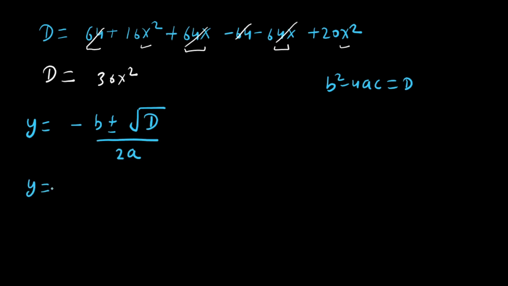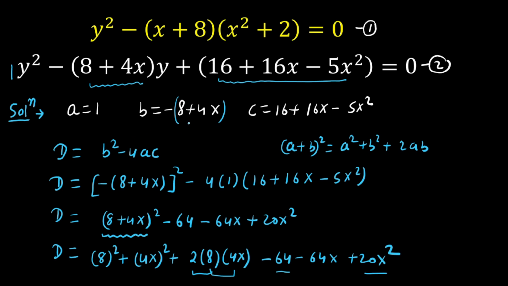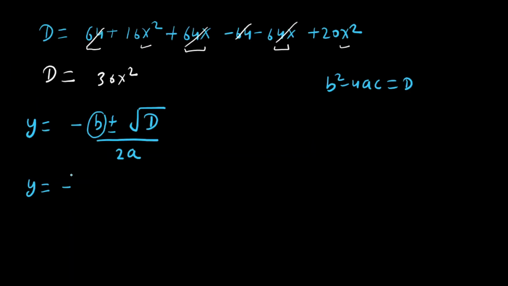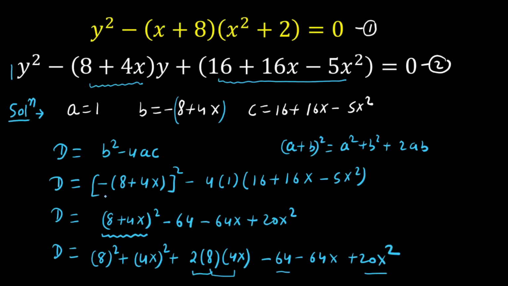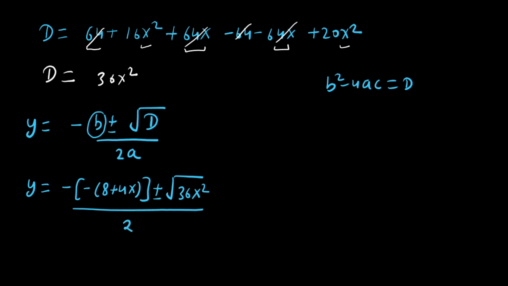Y is equal to minus b, where the value of b is minus 8 plus 4x, plus or minus square root of D, that is 36x square, divided by 2 times a. We know that the value of a is 1, then 2 times 1 is 2.